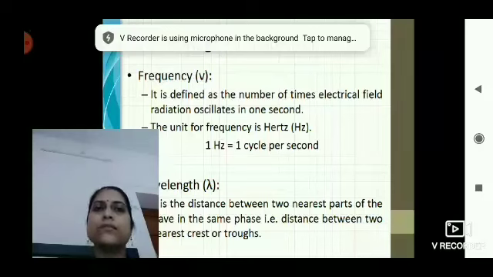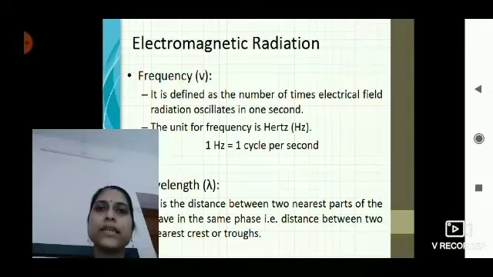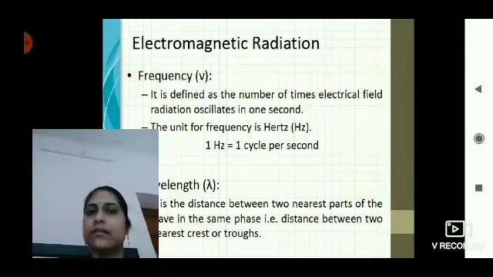There are some terms which are frequently used for electromagnetic radiation. These are frequency and wavelength. Frequency is the number of oscillations performed by the wave per second, and the unit of frequency is hertz, as you know well.